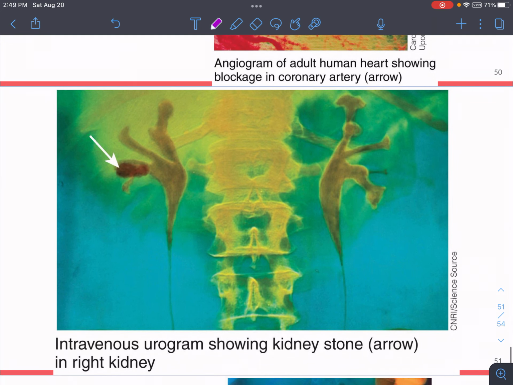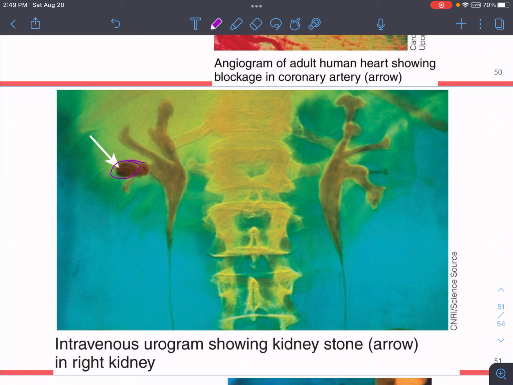Here is an intravenous urogram. This person has a pretty nice kidney stone in their kidney. That's a pretty big one. That one would be hard to pass, honestly, but there are ways to break those up. But this kind of shows what you can see. They shoot some dye into your veins, and your veins feed into your kidneys.